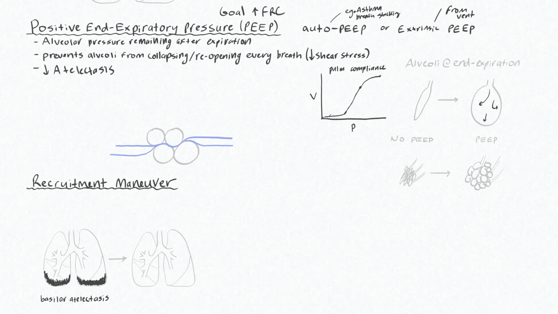But you'll have very low volume left in your lungs when your pressure is zero. I'm just going to draw a line basically at zero here, which is what would happen if you had no PEEP. So this low pressure and very low lung volume becomes the new starting point of your next breath.